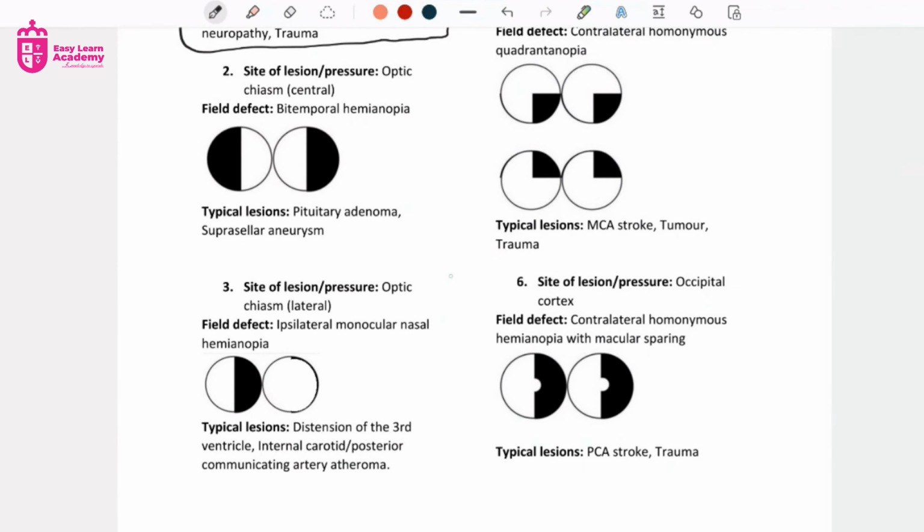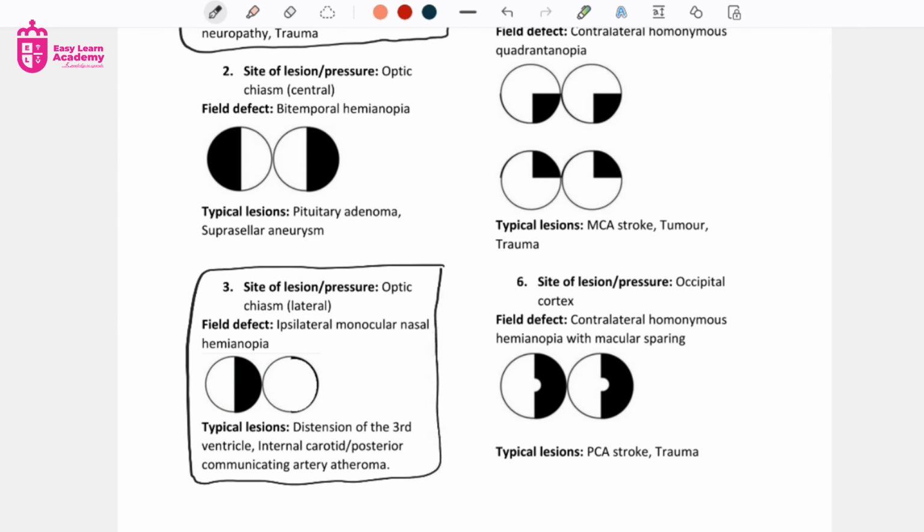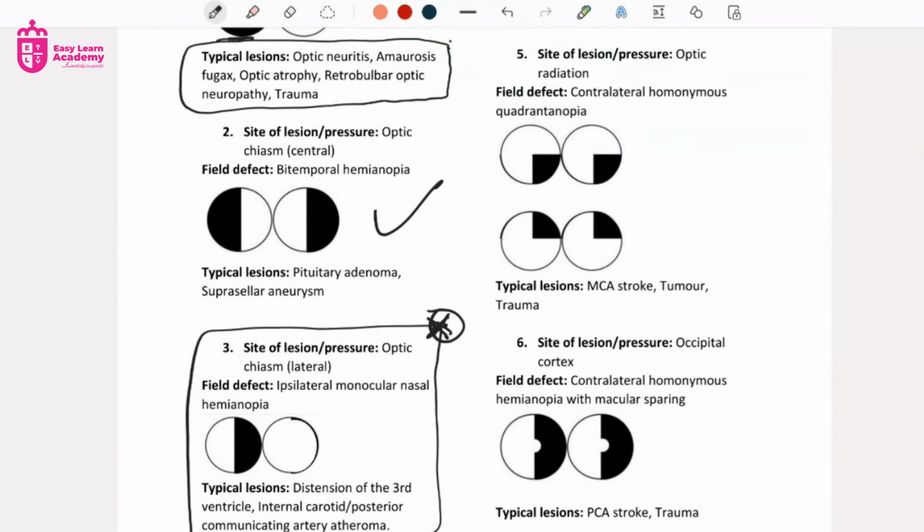But don't worry about this. They never ask this in the exam. We've just put that there for you to know. And so I've not worried too much about that. But this is the one that you should worry about in your exam. It's easy to trace. It's easy to understand. And remember, pituitary adenoma, likely one of the commonest things they'll ask in the exam.